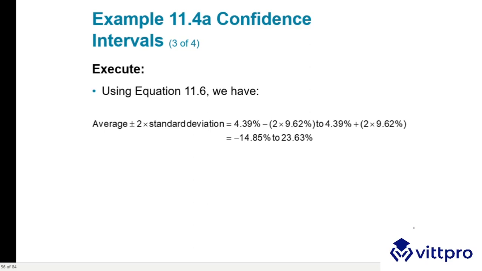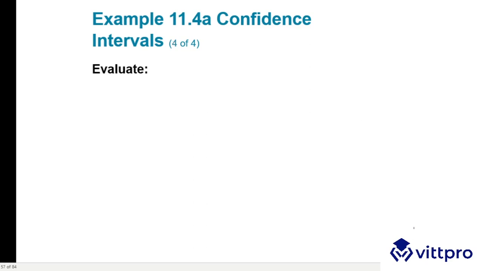Then we are 95% confident. Basically, you are taking a guess. With 95% confidence, you can bet on it that the return will be minus 14% to plus 23%. Obviously it will fall anywhere in between, right? If you want to be 100% confident, then you add 3 standard deviations, minus and plus. It's called normal distribution theory.